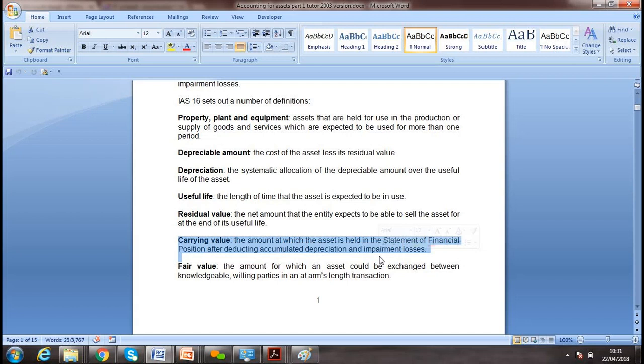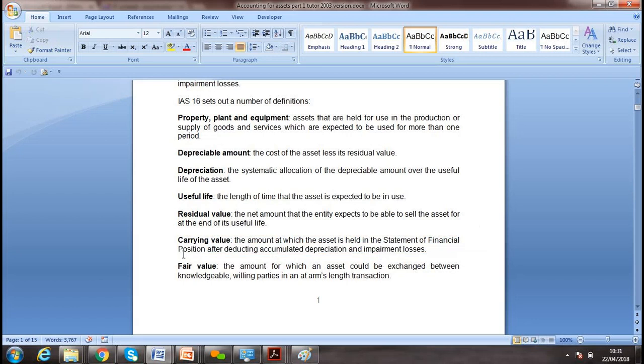Like on 1,000, 10% is £100, so £900 is the carrying value. It's the net book value after taking out the depreciation. Like if a car after 1 year of use, what value will be left?